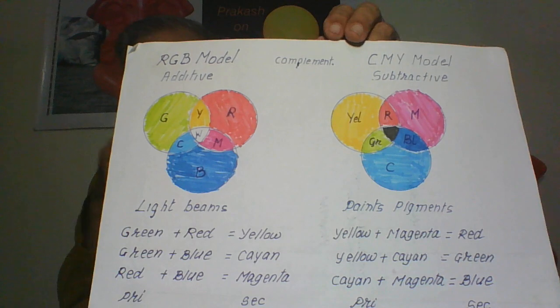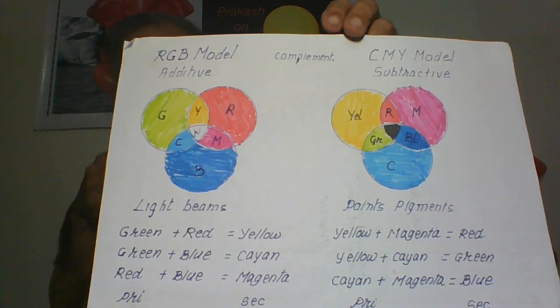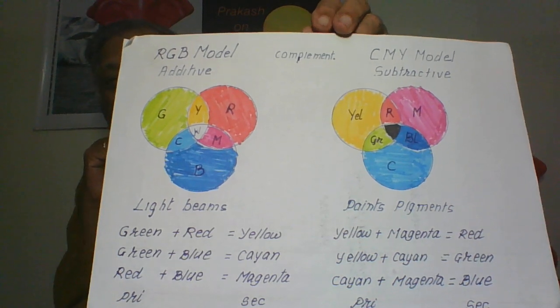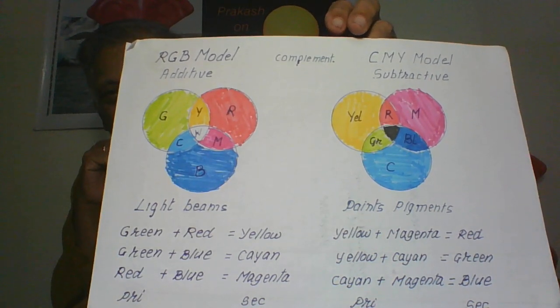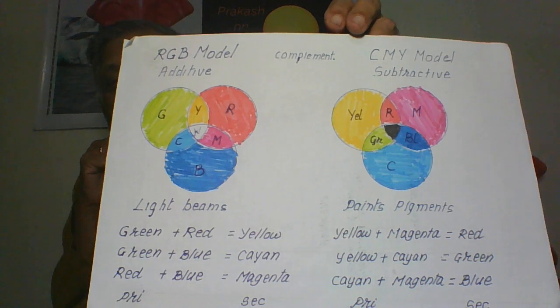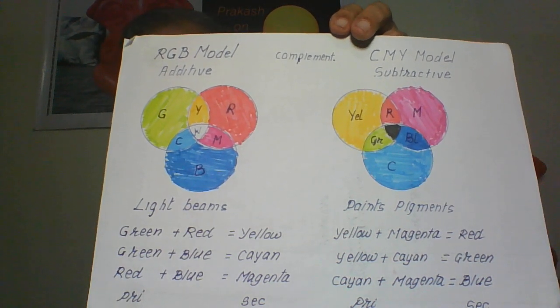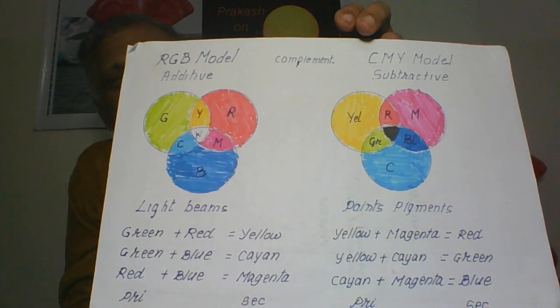It requires pigments and paints and dyes and inks and so forth, and it is through them that you can interpret this particular model. The beauty is that the primary in one is the secondary in the second case, and vice versa obviously.